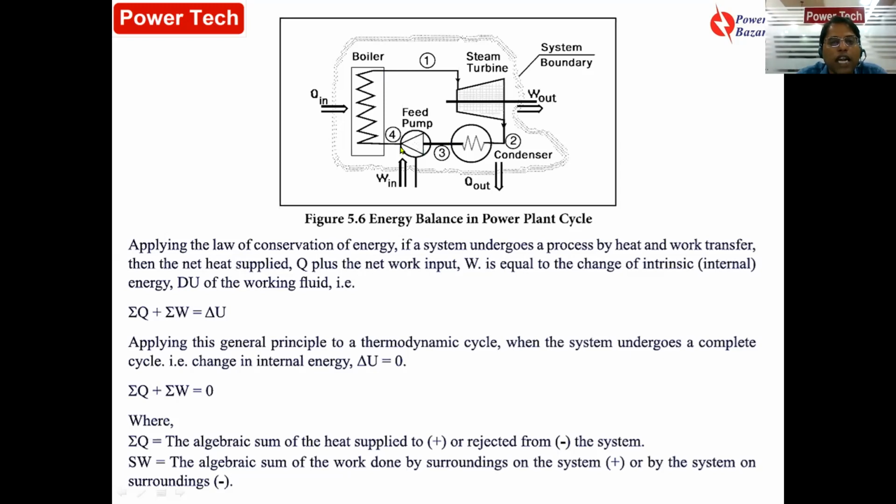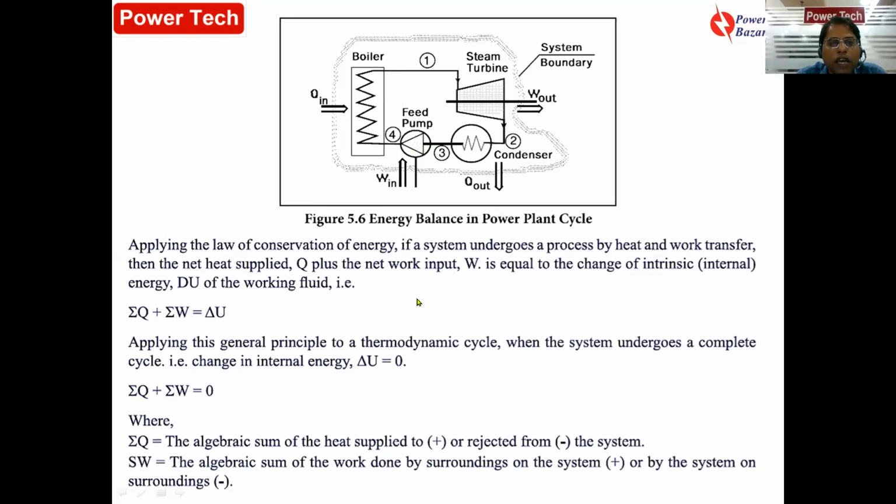Water is starting, and again it is coming back to water. So delta U becomes 0. So the summation of Q is equal to the summation of W, and the net is 0. The summation of Q is the algebraic sum of heat supplied or ejected from the system. The summation of W is the algebraic sum of work done by the surroundings on the system or by the system on the surroundings.